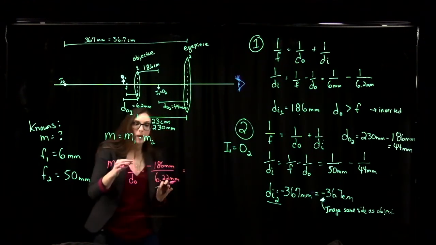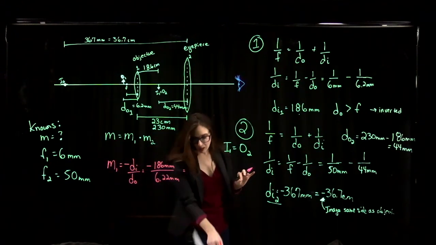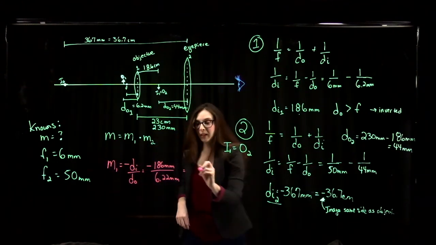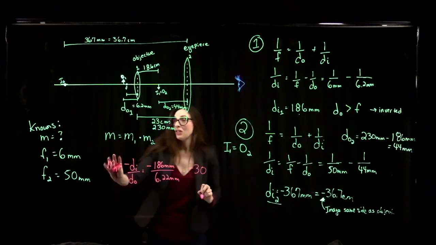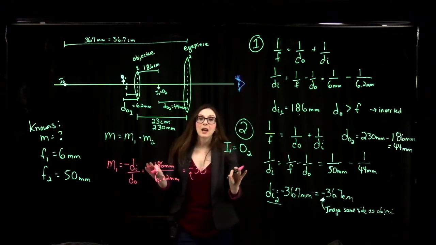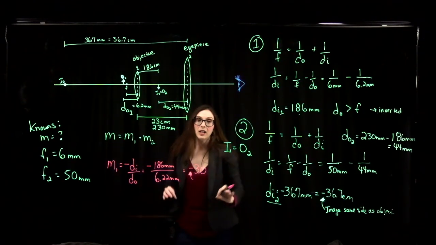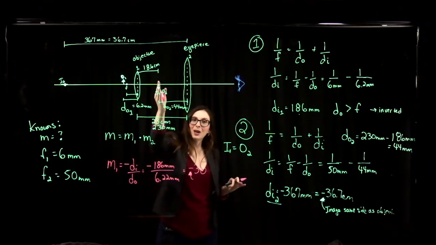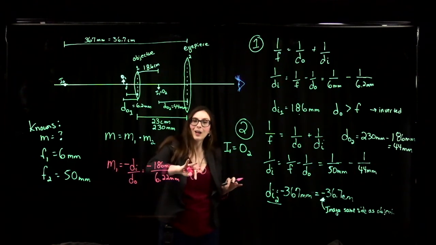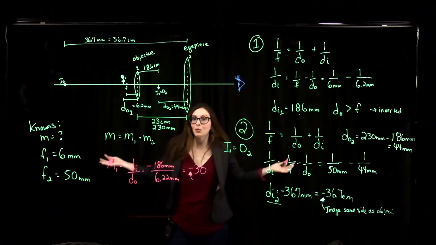So minus 186 divided by 6.22 gives me minus 30 for the magnification for the first lens. This minus sign means that my image is going to be upside down compared to the object, and it's going to be 30 times larger than my original object. That's what microscopes do.